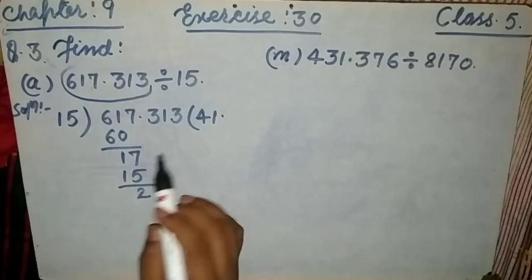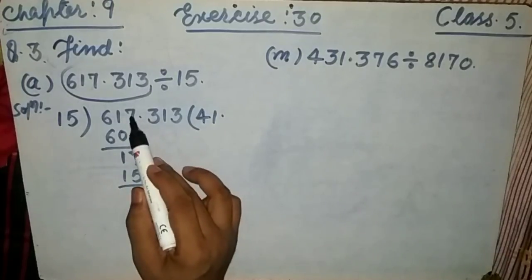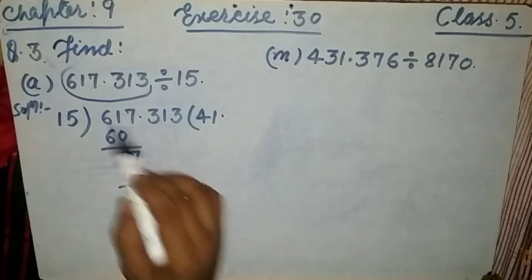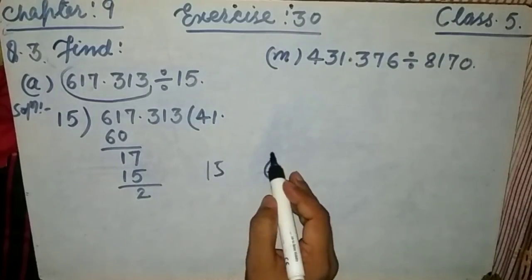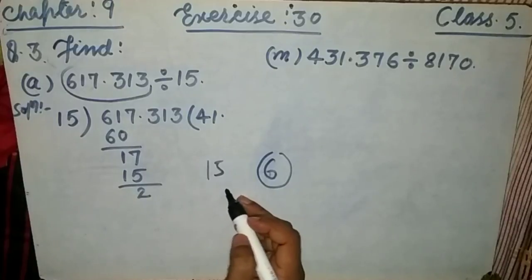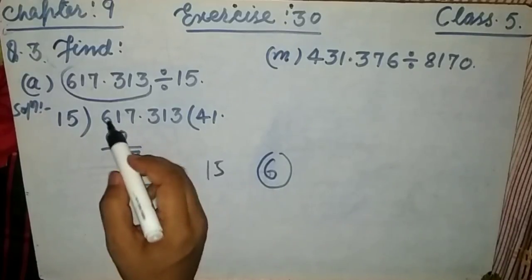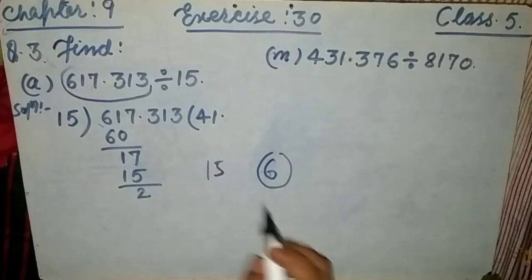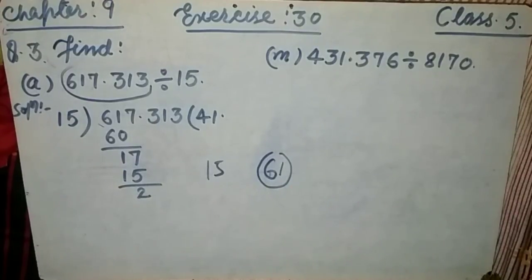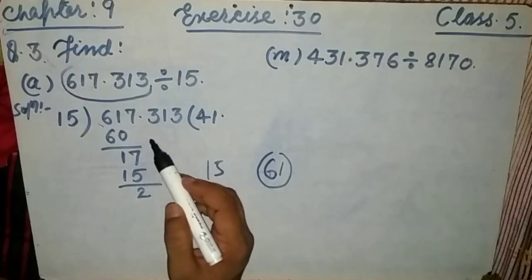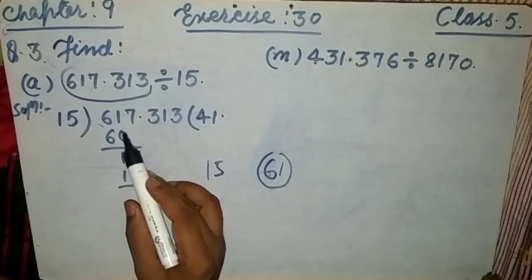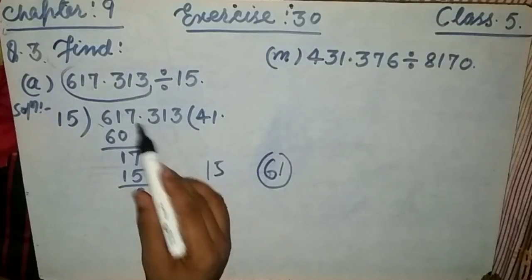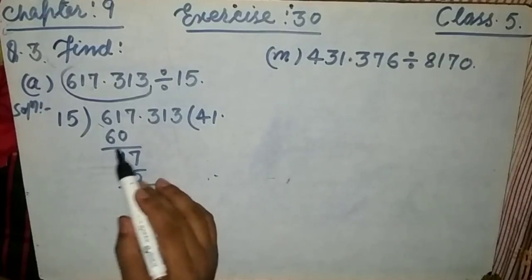Now have a look, friends, this is the whole number part, and if we take the single digit 6 and apply the 15 table, 6 is less than 15. So we combine the two digits, which becomes 61. Then we read the table of 15: 4 times 15 is 60. 1 minus 0 is 1, and write down 7, becomes 17.